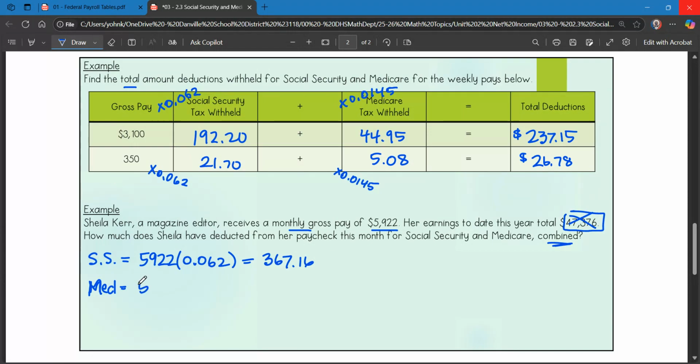If I then calculate my Medicare by 5,922 multiplied by 0.0145, I get $85.87. It wants me to combine mine, so I'm going to add them together. This is going to give me a total of $453.03 taken out of every monthly paycheck for Social Security and Medicare.